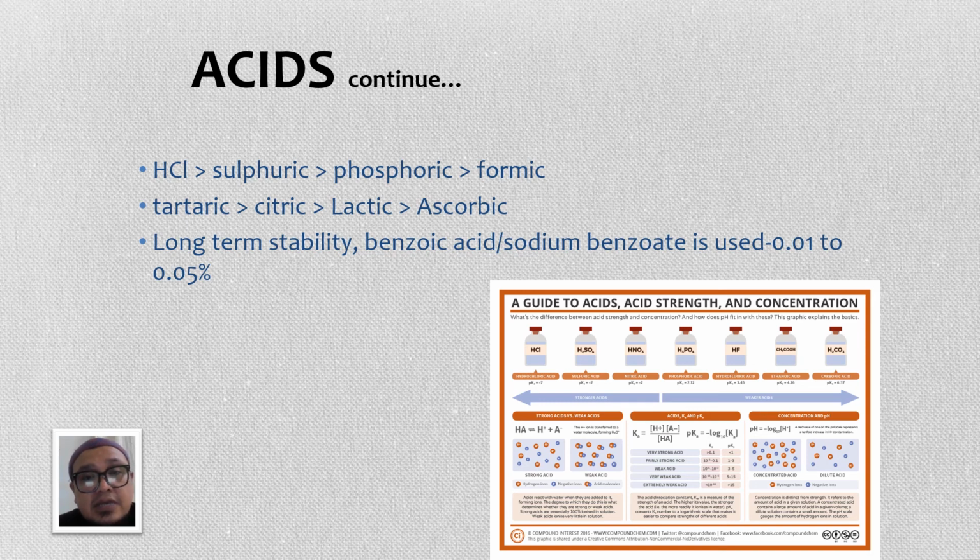You can see the ascorbic acid is less powerful than lactic acid. Okay, and lactic acid is less powerful than citric acid. And then citric acid is less powerful than tartaric acid. But in this part, tartaric acid, citric acid, lactic acid, and ascorbic acid are the acids that you can consume. Okay, they are food grade.